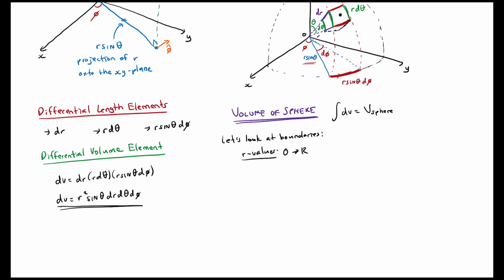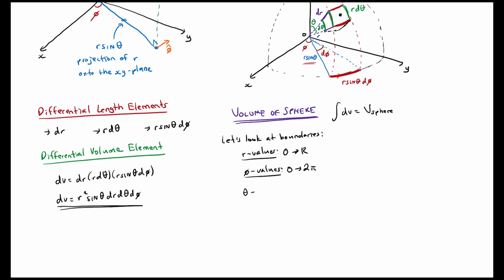For your phi values, from our polar and cylindrical coordinates, phi is the one that you spin around a full revolution. So we have 0 to 2 pi for this.